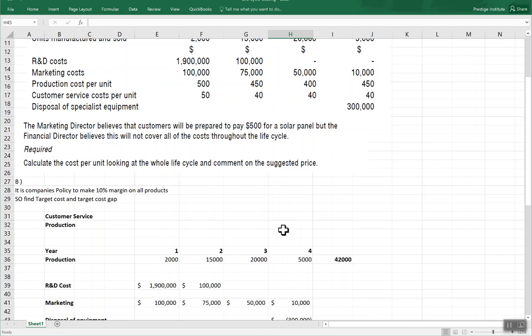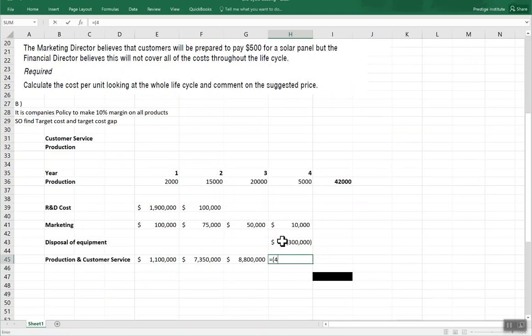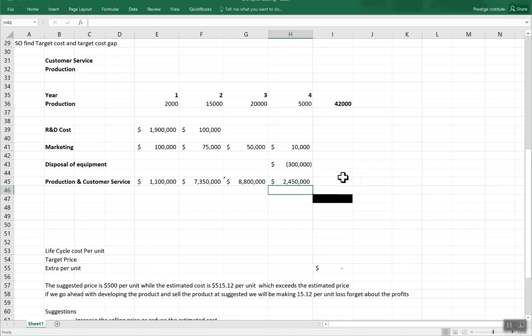And then in final stage, we have 450 and 40. Multiplying by units. So we have per year data. Now we can add all of them. Adding it together, we have total cost.